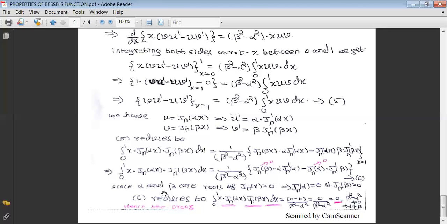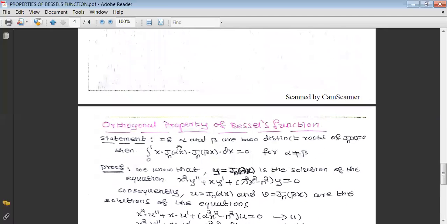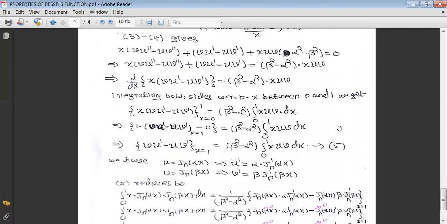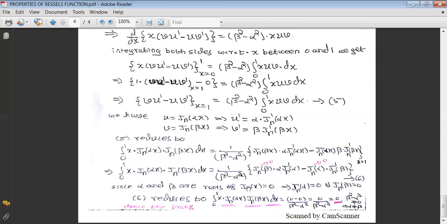Since alpha and beta are the roots of Jn x equals to 0, because it is given in the statement of the property itself that alpha and beta are two distinct roots of Jn x equal to 0. Root means the value which satisfies the equation. That's why when we replace this x by alpha, it becomes 0. Whenever we replace this x by beta, then also it becomes 0.